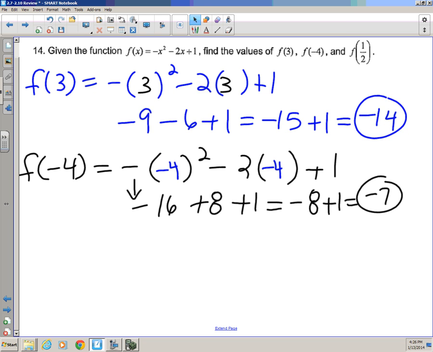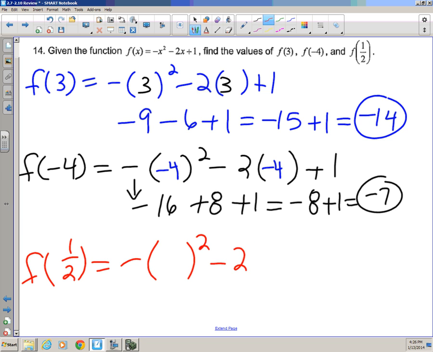And last but not least, I've got to evaluate f of 1/2, which equals -x squared minus 2x plus 1. Don't forget you're putting in -1/2.